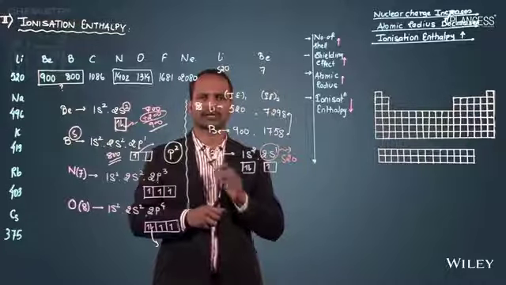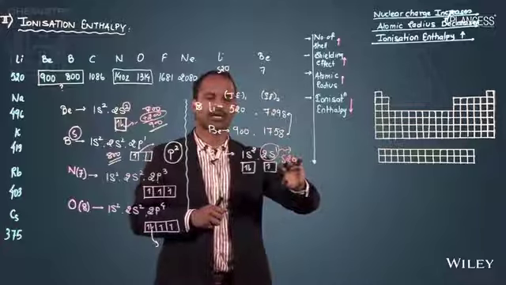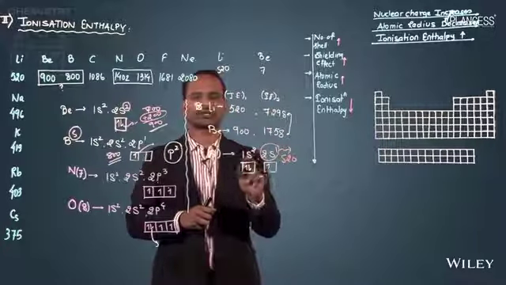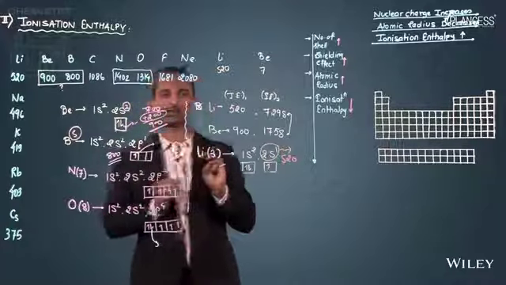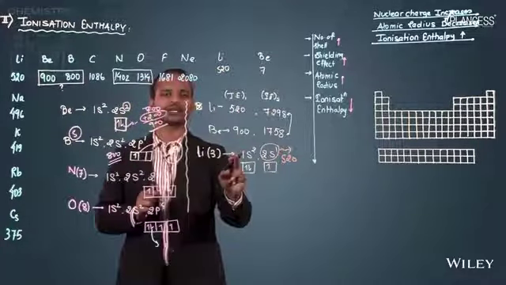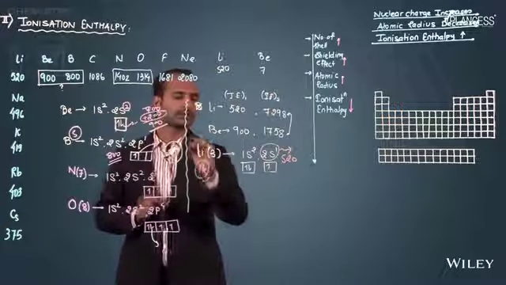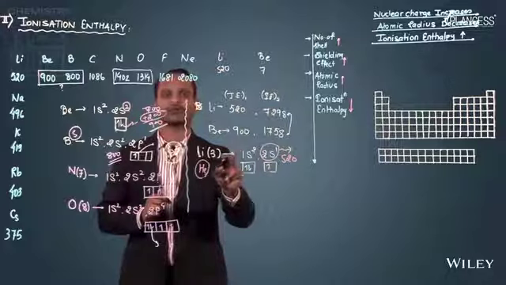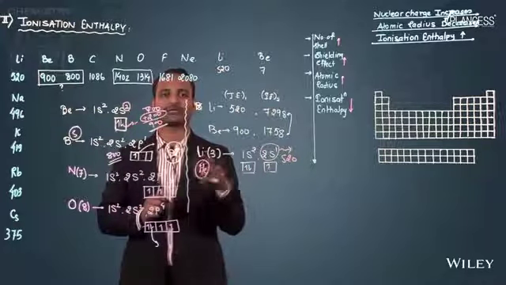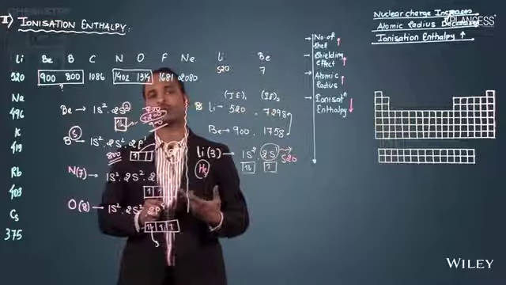It will come outside easily. But once this electron is out, the remaining configuration is 1s2, the first shell with a complete duplet. That means the configuration becomes like that of a noble gas, helium. So after losing one electron, lithium looks like helium and gets extra noble gas stability.